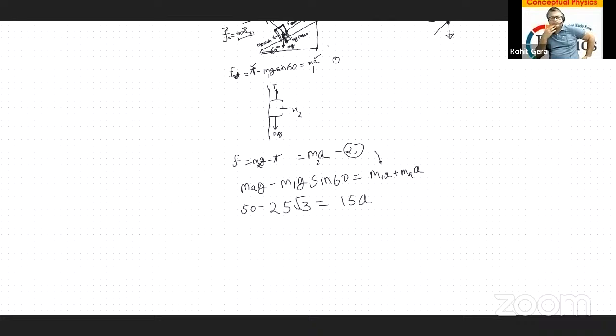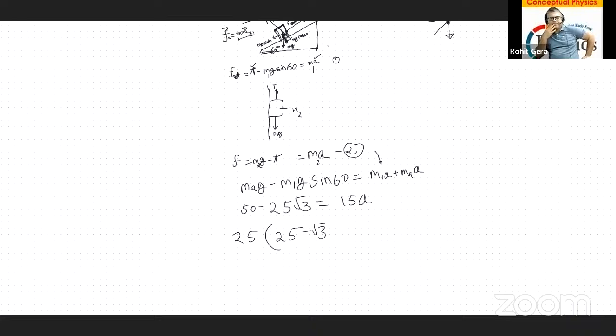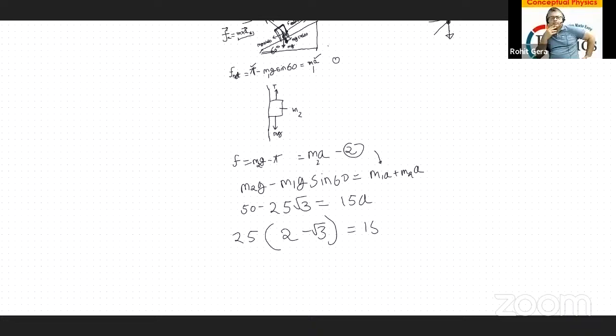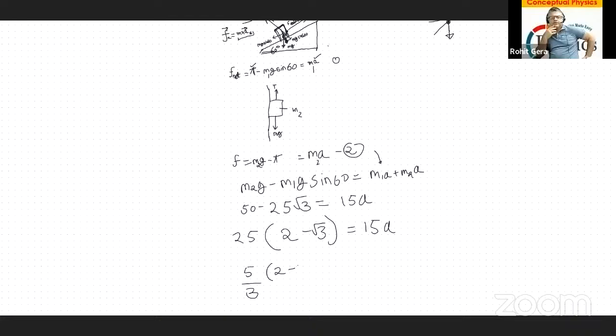I take 25 common from this. 25 minus root 3. 2 minus. You took 25 common, so 2 minus root 3. Correct. 2 minus root 3. 5 upon 3. Fair enough. So root 3 is 1.73.